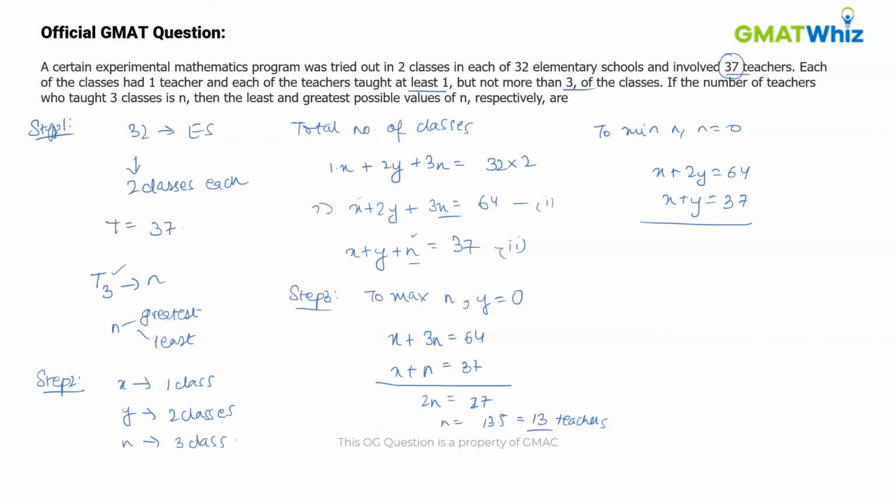Now this gives us, on subtracting, that y is equal to 27. From this we can infer that 27 teachers can be assigned 2 classes, which is possible since the total number of teachers is 37 and 27 is less than 37. So this is the minimum value of n, that n is equal to 0.